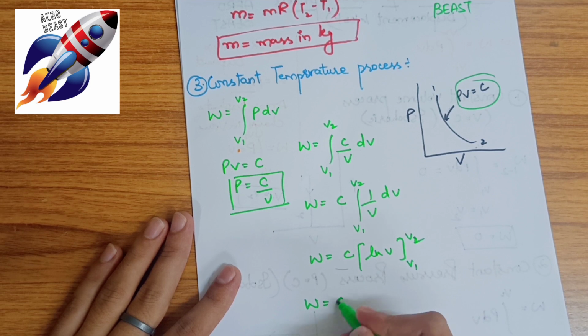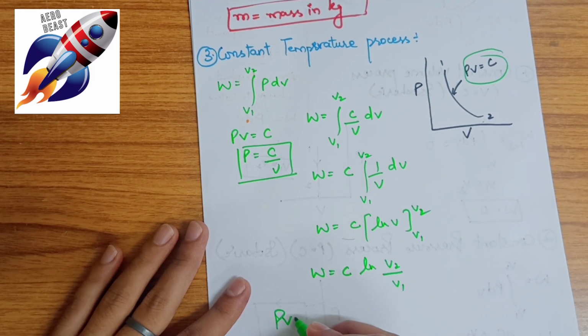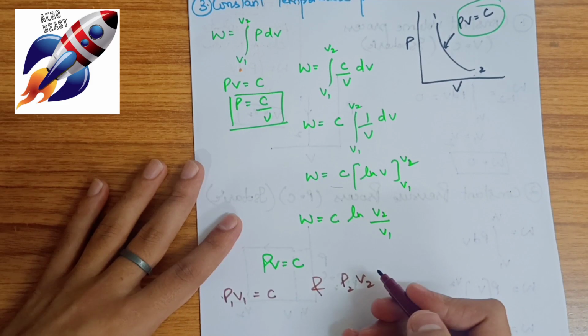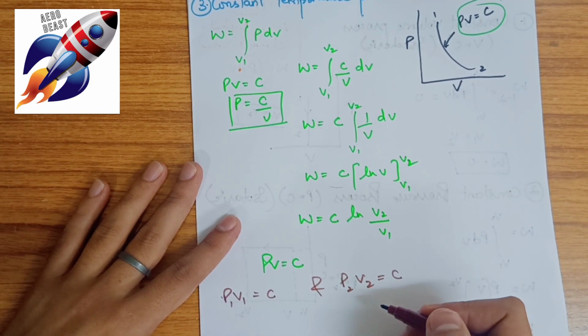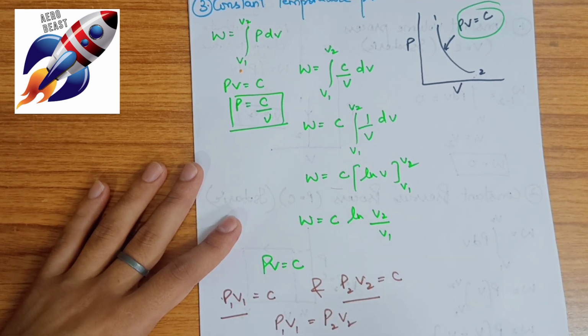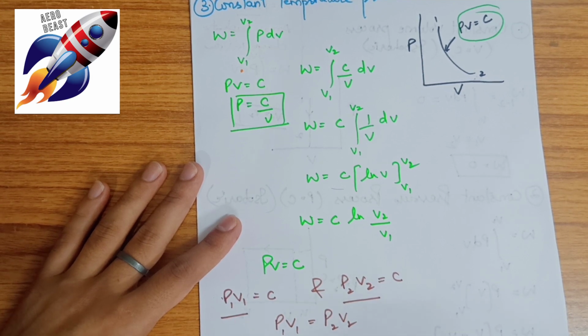So W is equal to C natural log of V2 upon V1. As we know PV is equal to C, therefore P1 V1 is equal to C, and P2 V2 is also equal to constant. Therefore P1 V1 is equal to P2 V2. So W is equal to P1 V1 natural log of V2 upon V1, and W is equal to P2 V2 natural log of V2 upon V1.